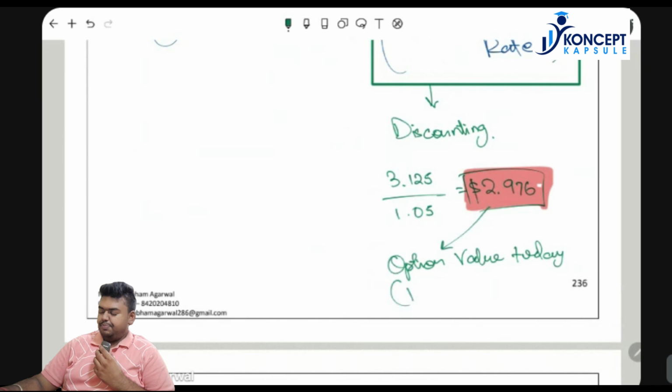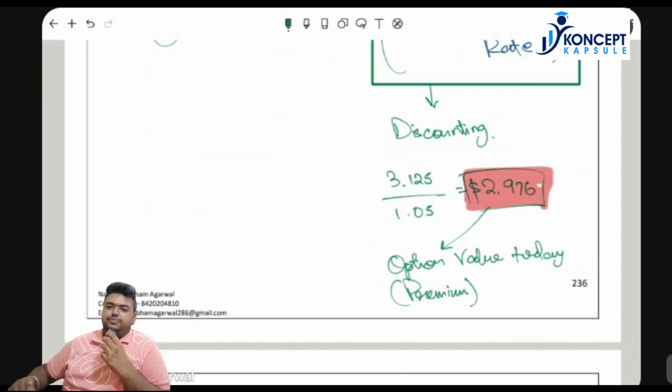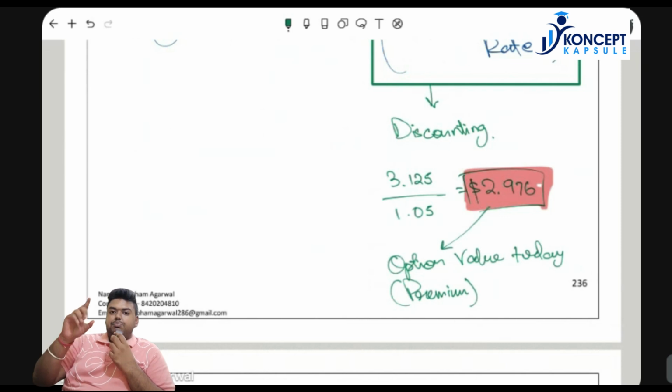Or this is the premium which should theoretically be paid by the option buyer to the option seller.